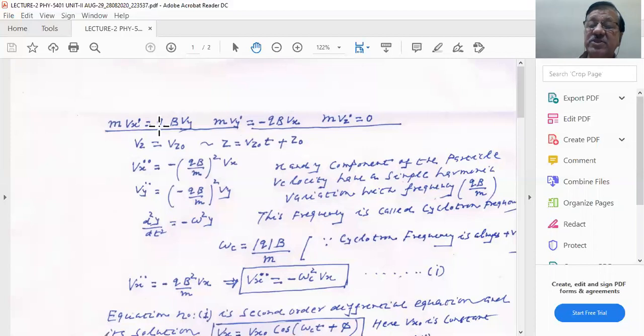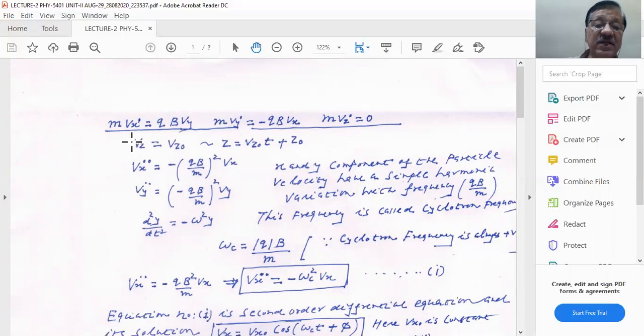It may be a positive or a negative charge, that we will take care of. Similarly, mVy dot is equal to minus qVx, and we found mVz dot is equal to 0, which indicates that the z component of the particle velocity is not at all affected by the uniform magnetic field. It moves with a constant velocity, Vz is equal to Vz0, which I described last time.